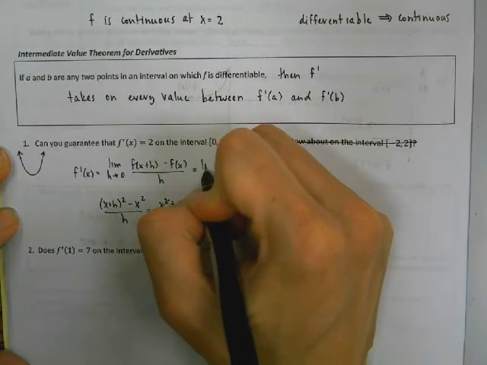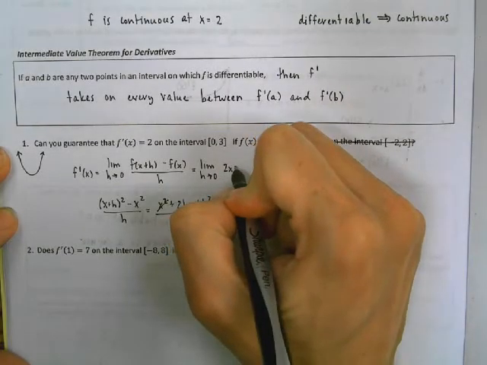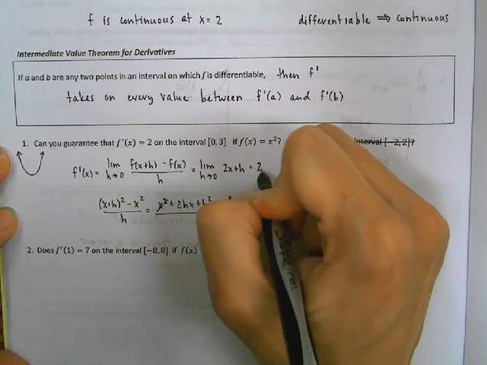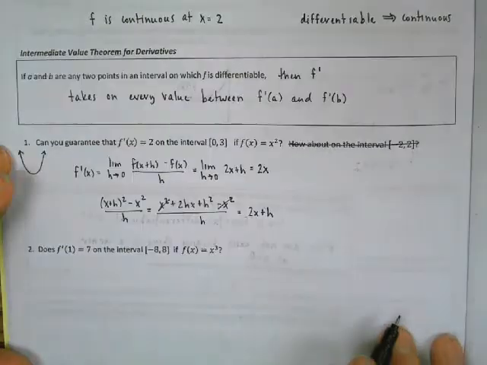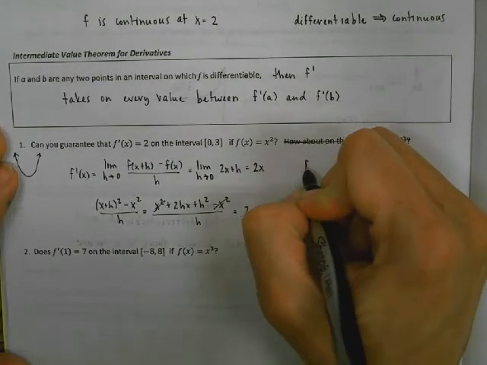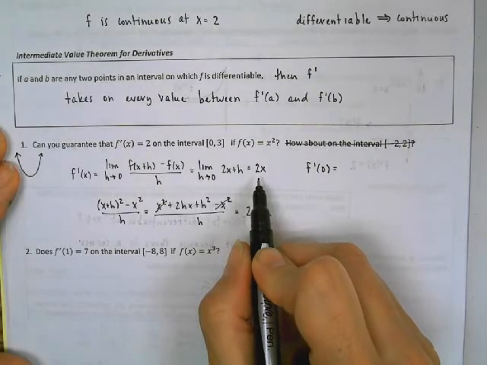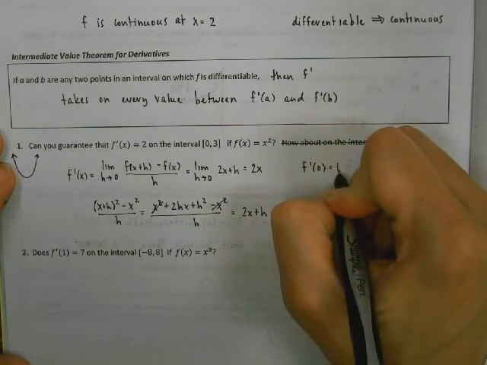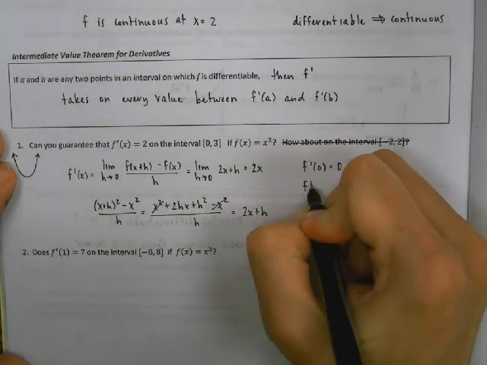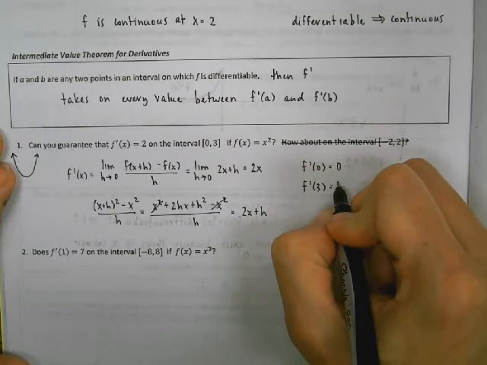So now I know my derivative is the limit as h approaches 0 of 2x plus h, which is just 2x. So now I have my general derivative, so it's easy for me to plug in now. If I want to find f prime of 0, I plug into my general derivative, and I know that's 0. And I'll do the same at 3. So f prime of 3, I plug in, and I get 6.